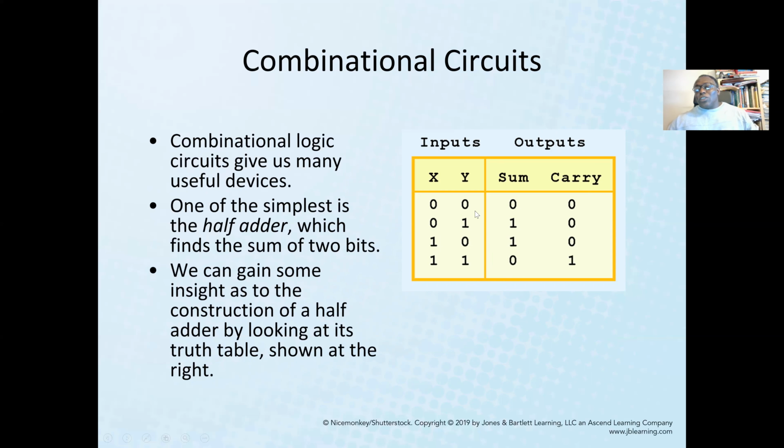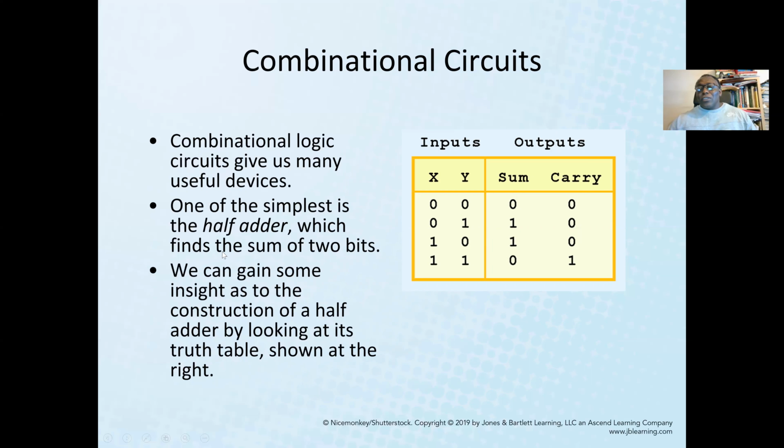Based on this truth table, I can construct my combinational logic circuit. Why? Look at the sum. When the inputs are the same, we get 0. When the inputs are different, we get 1. So this is an XOR gate, with X and Y going in. And for the carry, it's an AND gate, because we only get 1 when all the inputs are 1.